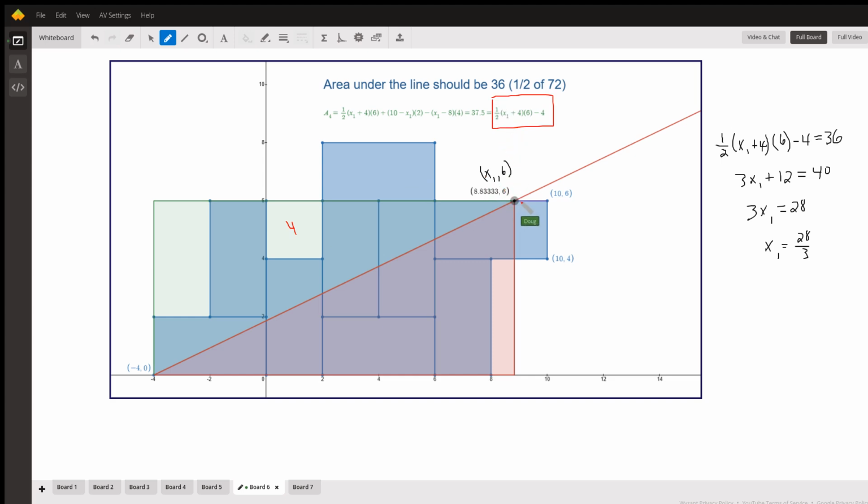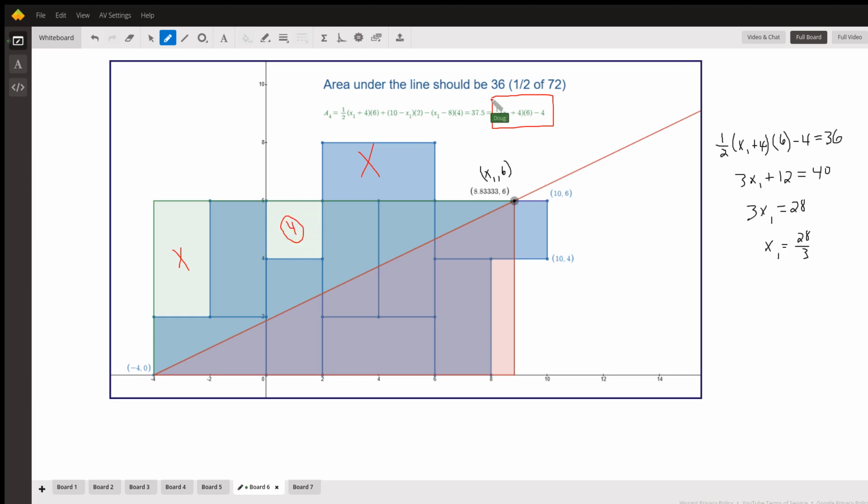Half of x sub 1 plus 4, that's this distance right here, the horizontal leg, times 6. That gives us the area of the green rectangle where we filled in over here. And then subtract 4. That's what's missing.